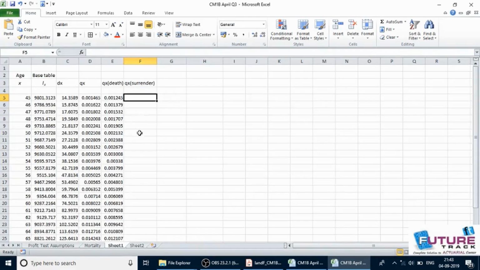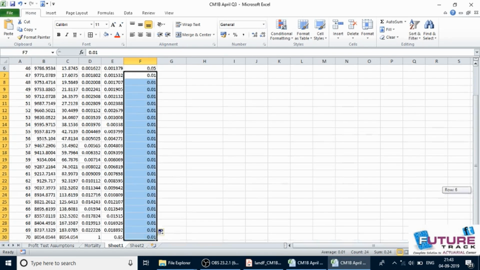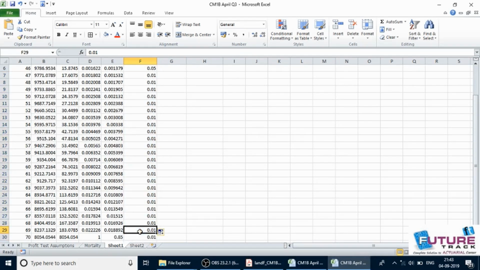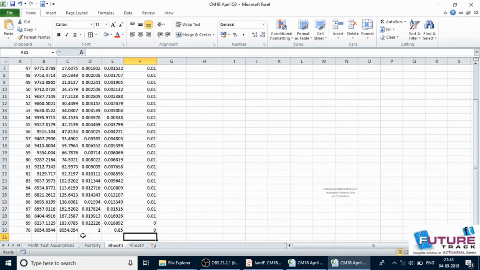So it is 0.075 for the first year, then it is 5%, then it is 1%, and it remains the same for the next 24 years. From 69 to 70 it is 0, from 70 to 71 it is 0. See, this is 70 to 71. So we have the end of the policy at the end of the 69th or beginning of the 70th. So from 69 to 70 it is 0.